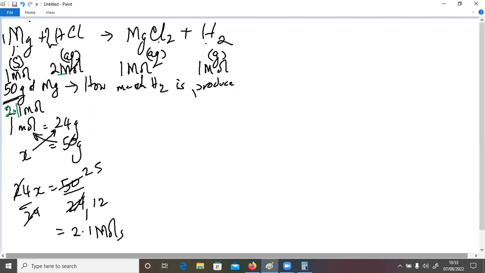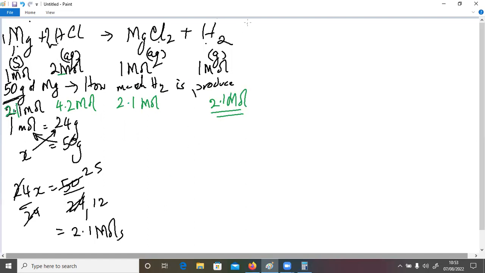We multiply this quantity by 2, so it becomes 4.2 moles of HCl was used to produce 1 mole again. It goes with again 2.1 moles, and of course 2.1 moles of hydrogen gas was produced.